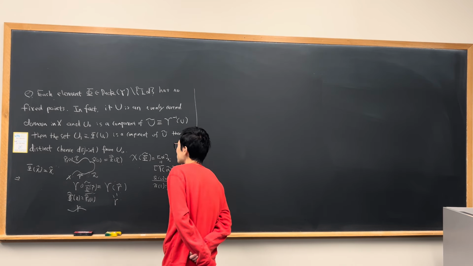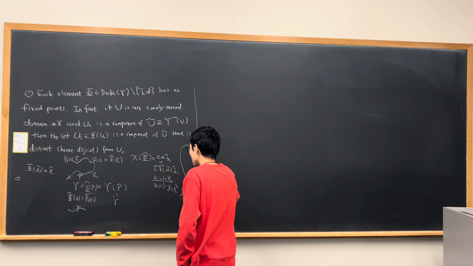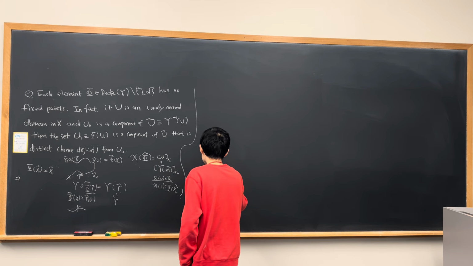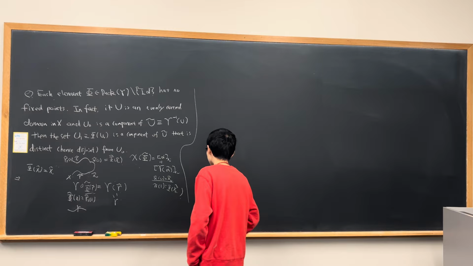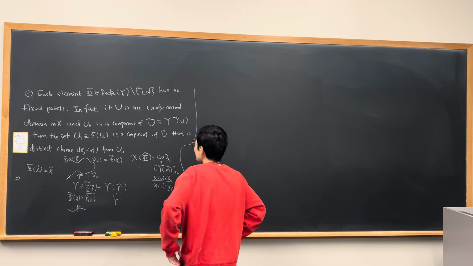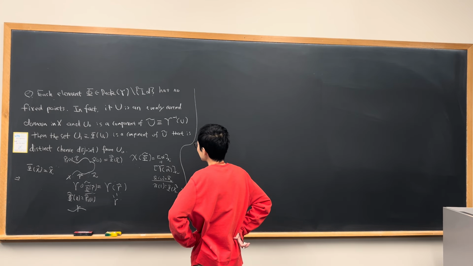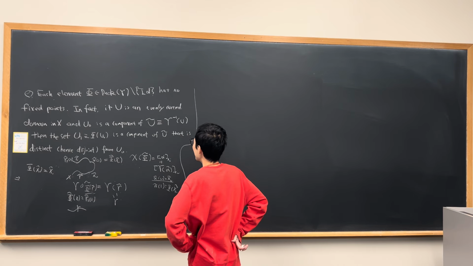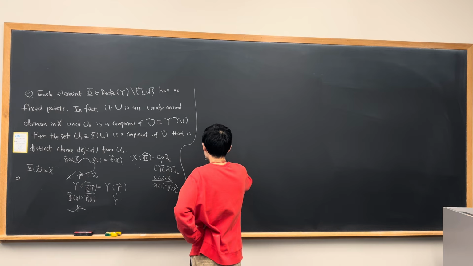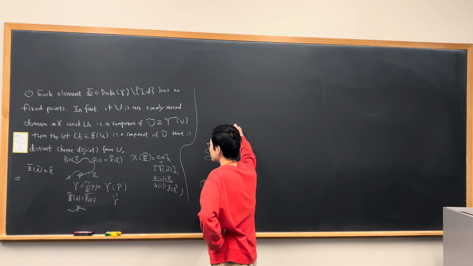So maybe let me draw some pictures here. So evenly covered domain X. Here you have, let's see, this is X, I take the evenly covered set, so this is like U tilde here, and U0 is a component of it.